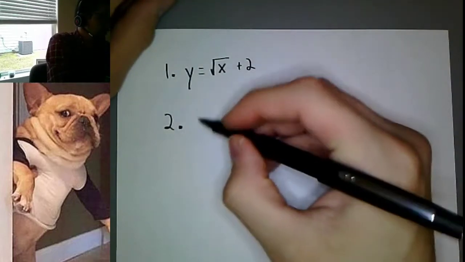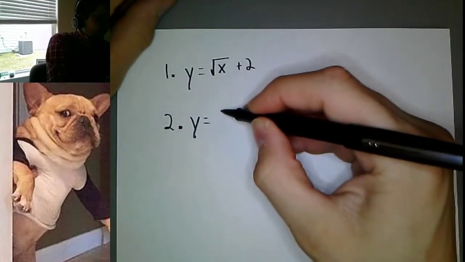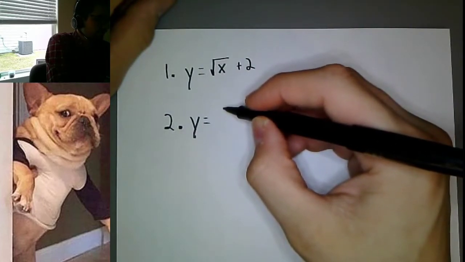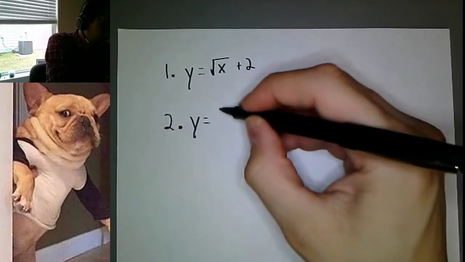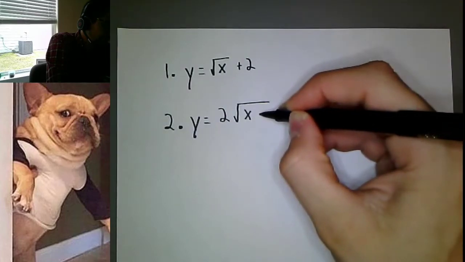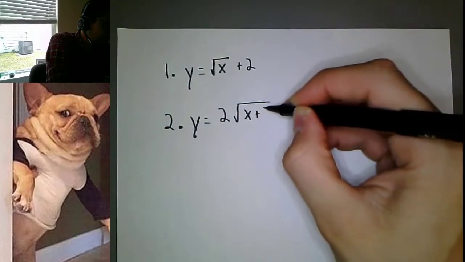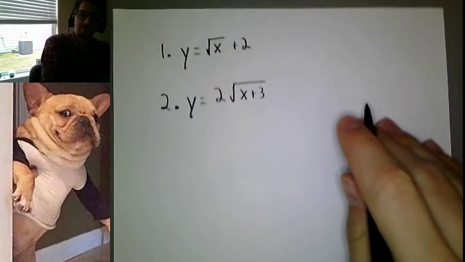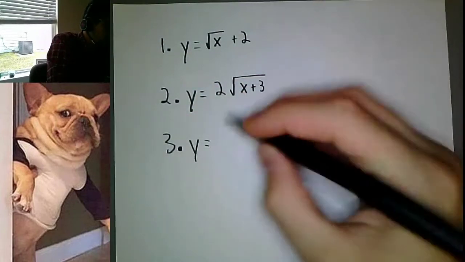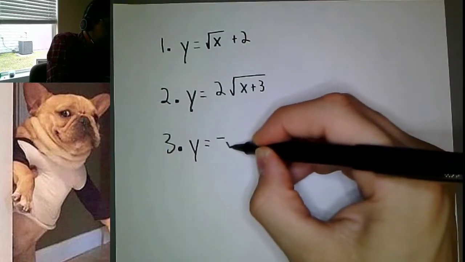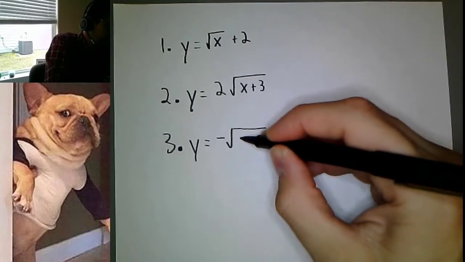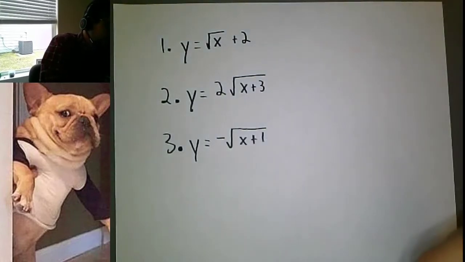Number 2: y equals 2 times the square root of x plus 3. And for the third one, let's do a challenge problem: y equals negative square root of x plus 1.